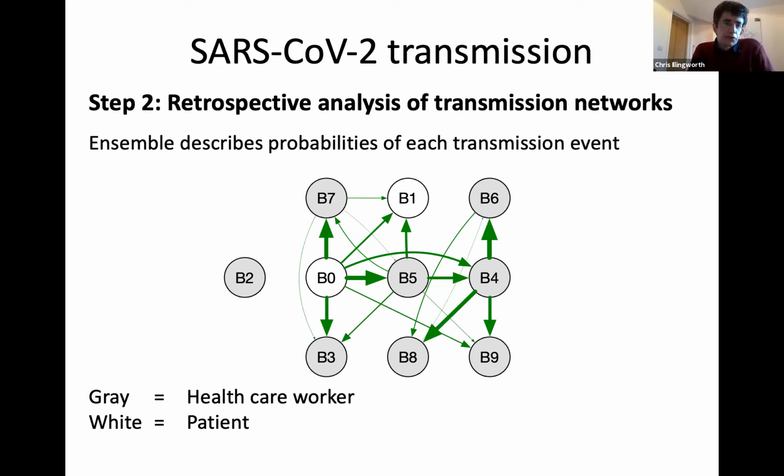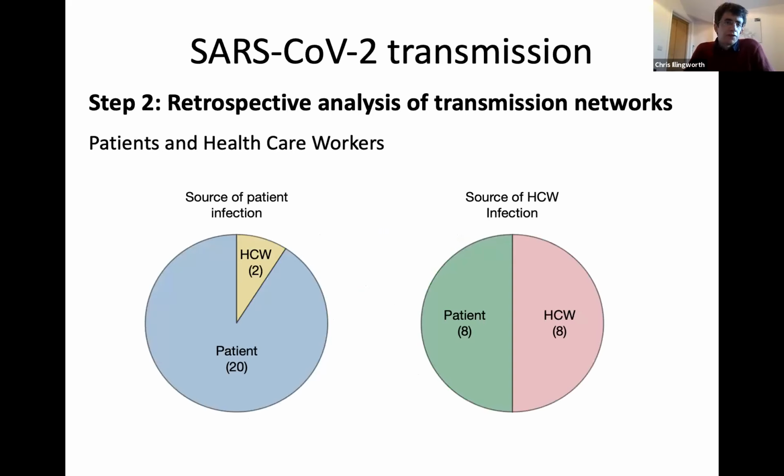The grey individuals here are healthcare workers, and the white ones are patients. So what we have here is a patient who infects some healthcare workers and maybe another patient, and then the healthcare workers go on and infect each other. So, some brief clinical outcomes from this. The first one is that when we look at patients and healthcare workers in hospital, it seems that patients infect each other, and that healthcare workers generally don't infect patients.